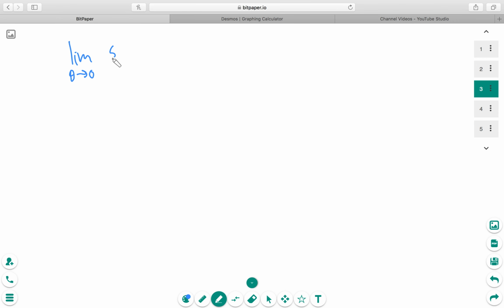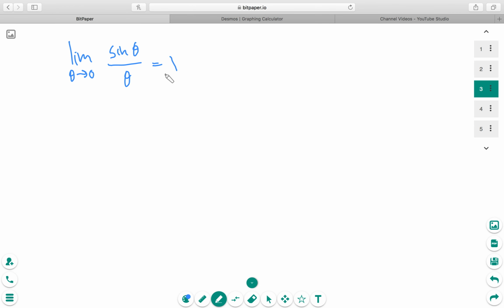So when we have the sine of theta over theta, you could write this as the sine of x over x, or the sine of any variable you want to put in there, it's always equal to 1.